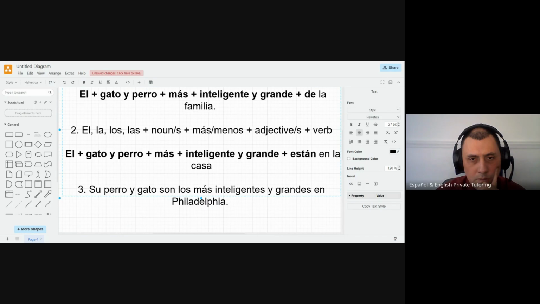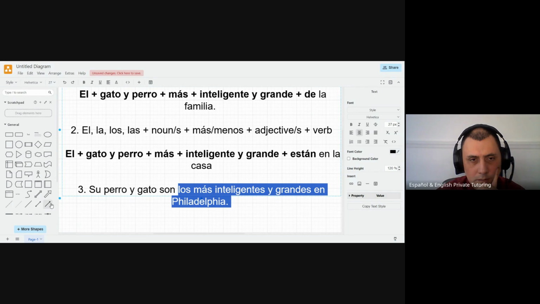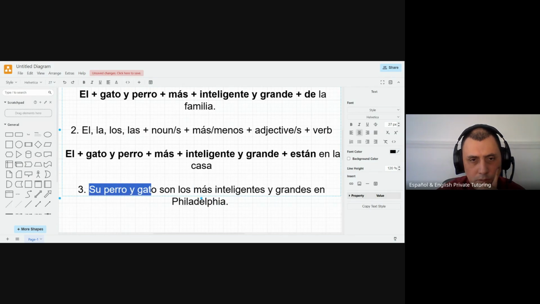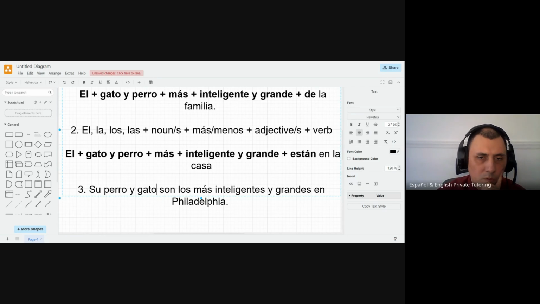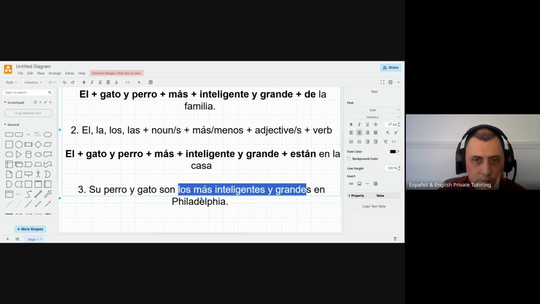So this is still superlative, but the superlative here is part of the predicate of the sentence. This is the subject: your dog and cat. When the subject is third person plural, then comes the verb conjugated in third person plural, and after that we have the superlative. Here, I don't have to explain that I'm talking about a dog and cat.